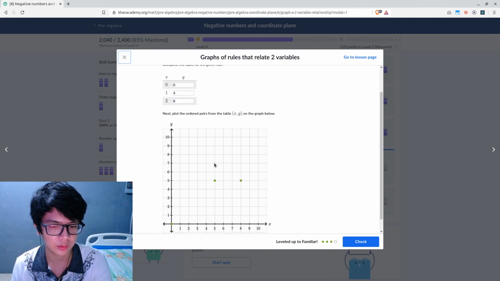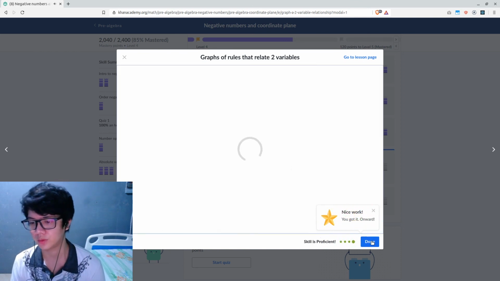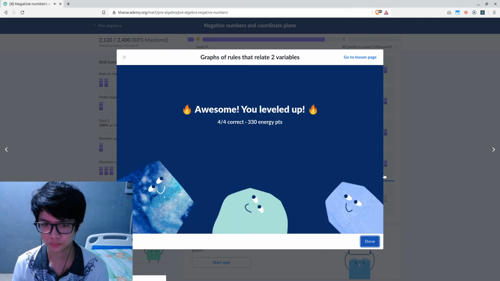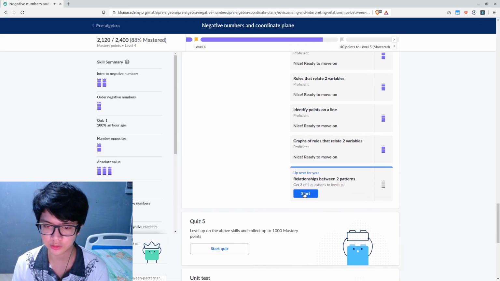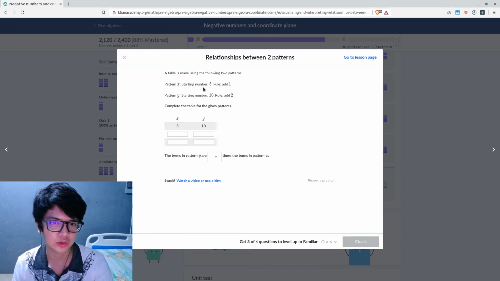Okay. Then we have 0, 4, 2, 8. 0, 0, 1, 4, 2, 8. Gosh, I'm so close. 2 patterns. A table is made using the following 2 patterns.